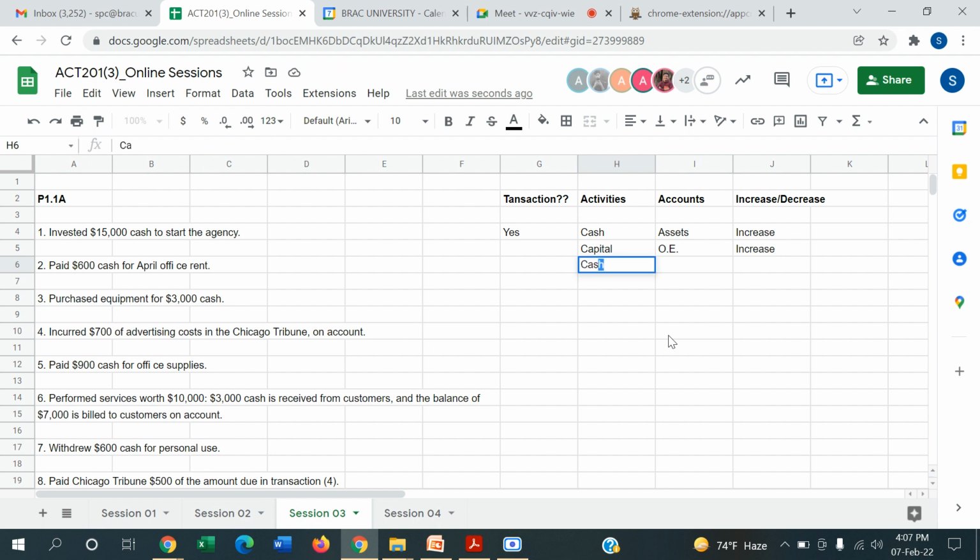Cash and rent. What types of accounts are these? Assets and expenses. How are they changing? Cash decreases and expense increases. Excellent.